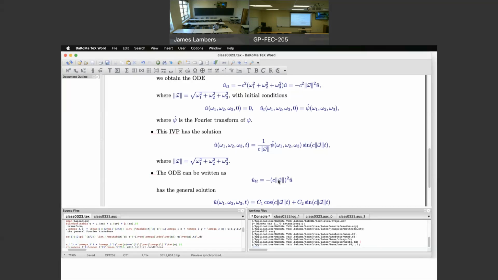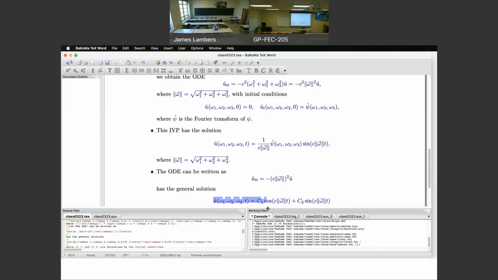Same thing if you have a cosine. So anytime you see this kind of ODE, second derivative equal to minus a constant squared times your solution, you can jump directly to here and get your general solution. It's some constant times a cosine of whatever is being squared times your variable, in this case t. And then similarly you have a sine term involving the same coefficient.